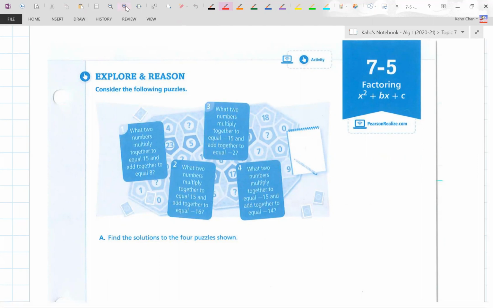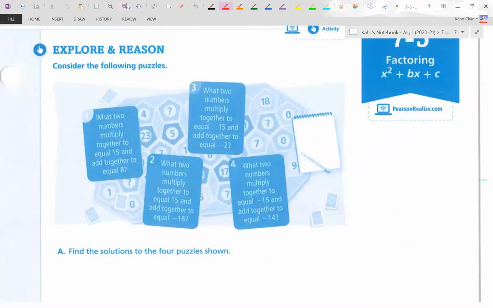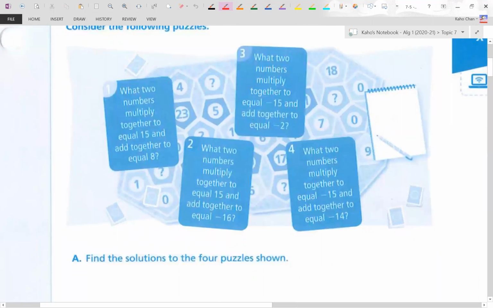It looks like 15 and negative 15 are the key parts of this problem right now. So let's go ahead and enhance that. 15 for number 1. Number 2 is 15 as well.